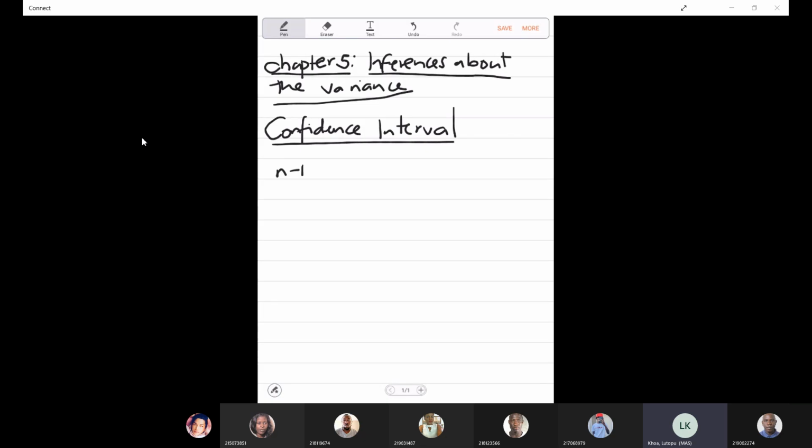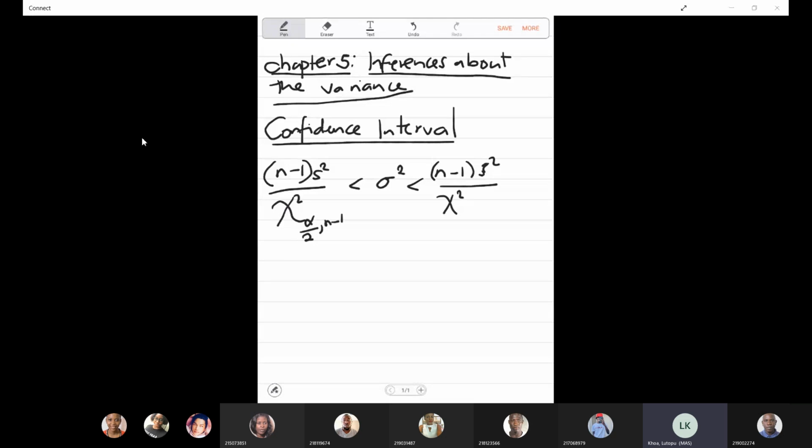We have (n minus 1) s squared over chi squared alpha over 2, n minus 1, is less than sigma squared, which is less than (n minus 1) s squared over chi squared 1 minus alpha over 2, n minus 1. That n minus 1 is your degrees of freedom.